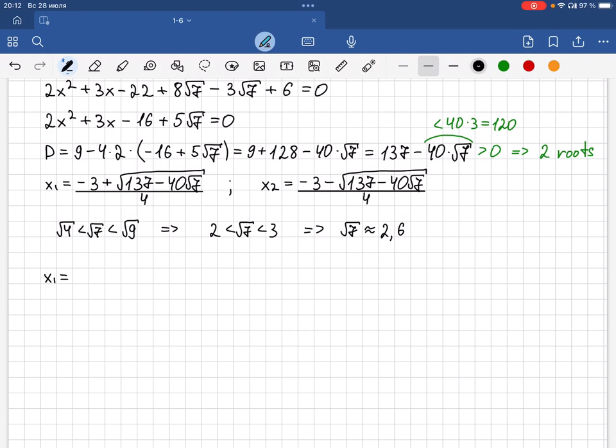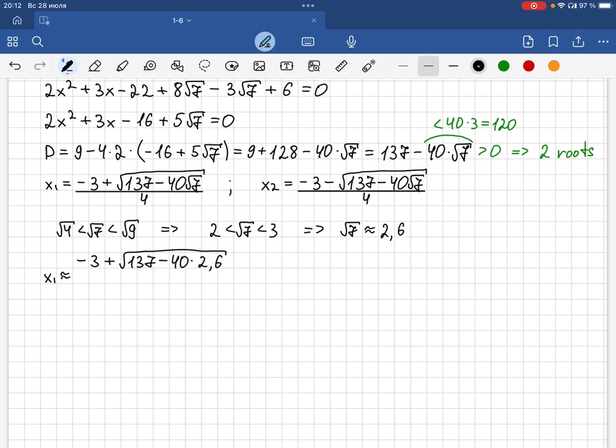So let's find x1, knowing that the square root of 7 approximately equals 2.6. So we have to take minus 3 plus the square root of our discriminant, but we change the square root of 7 by 2.6.